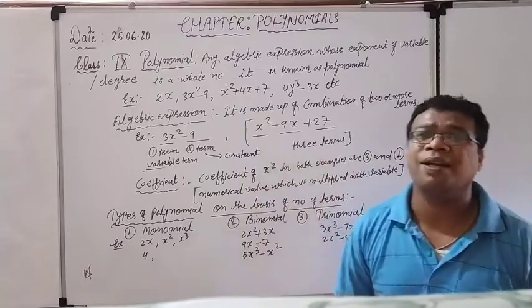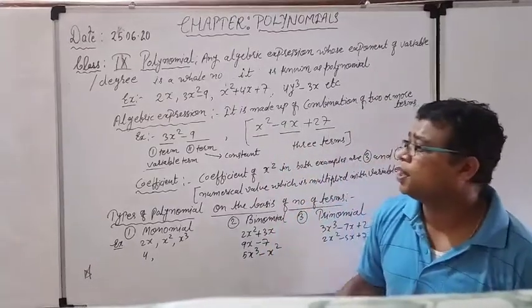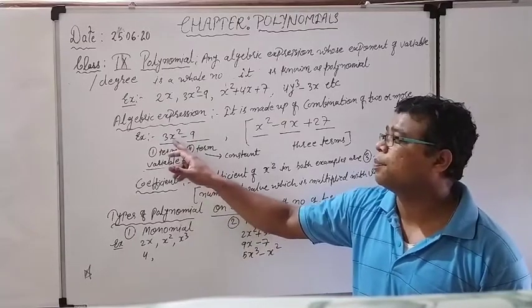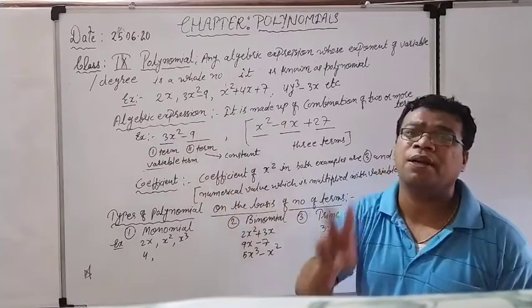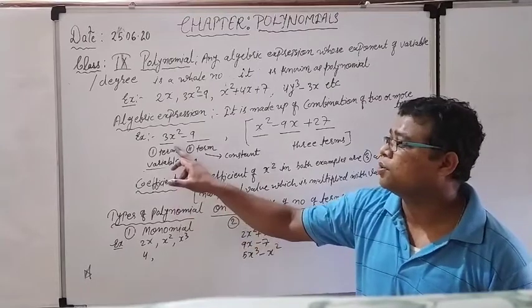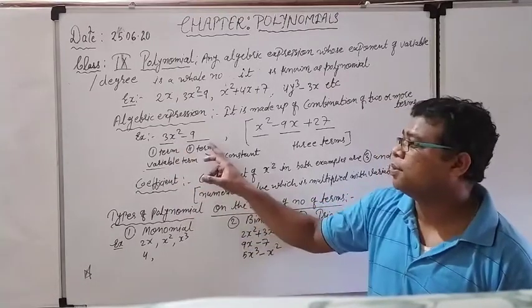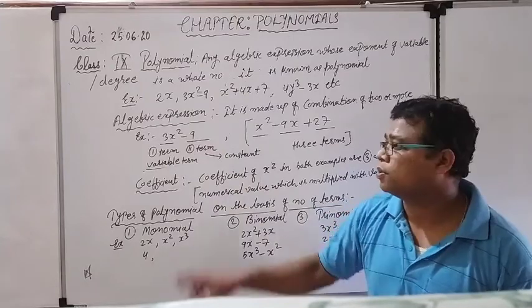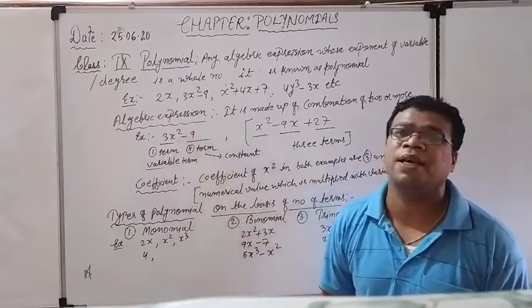That is known as an algebraic expression. For example, 3x square minus 9. If you look at this example, there are two terms actually. The first term is 3x square, and the second term is only minus 9, because we have to see the sign also.